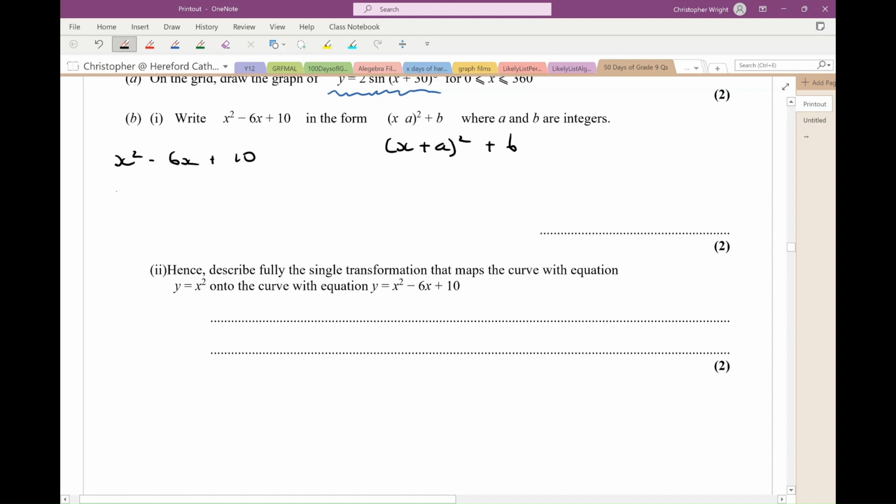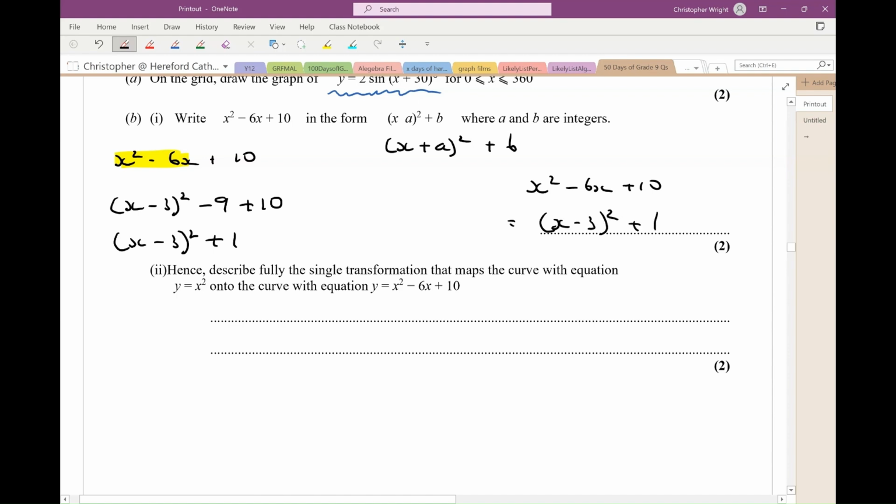If I concentrate on the first two terms, it's going to be equal to (x minus 3) squared. That gives me an additional 9, so I'll subtract away the 9 and copy down the plus 10. That gives me (x minus 3) squared plus 1. So my answer is that x squared minus 6x plus 10 equals (x minus 3) squared plus 1.